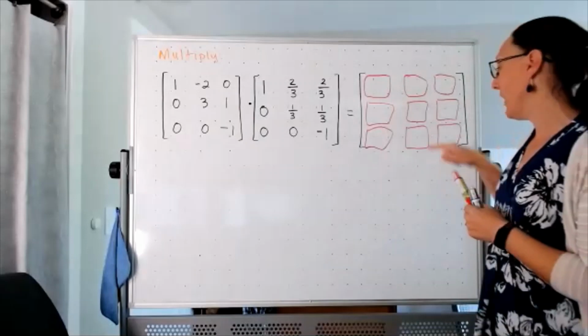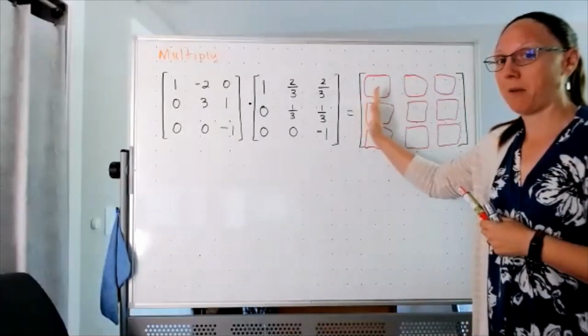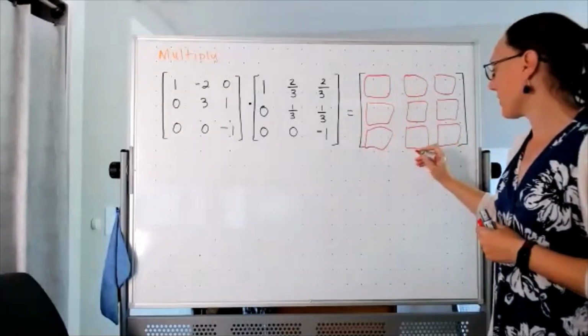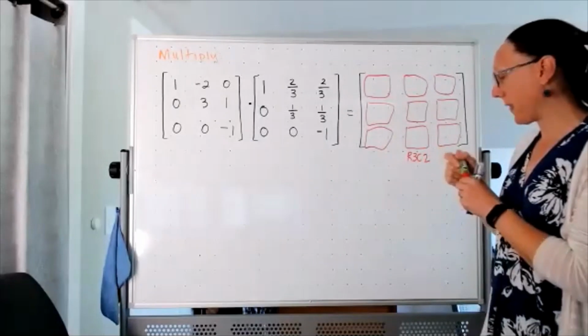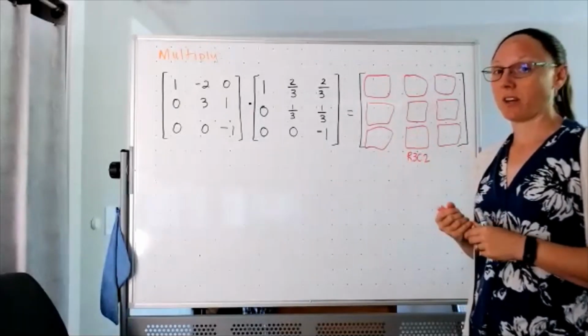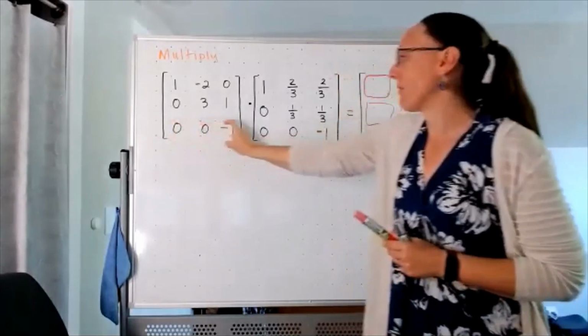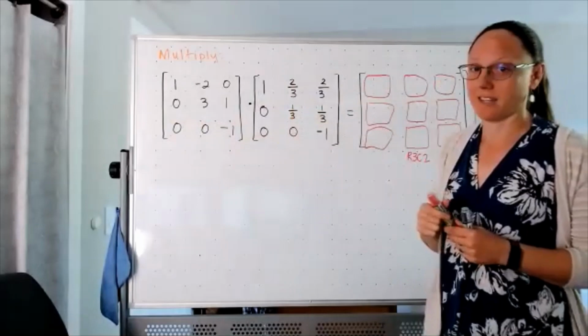So for example, this box right here, it's in my 3rd row and my 2nd column. So this is in row 3, column 2. So to get what goes inside of this box, I know that I'm taking row 3 of the first matrix times column 2 of the second matrix.